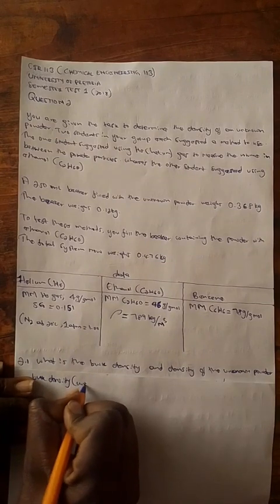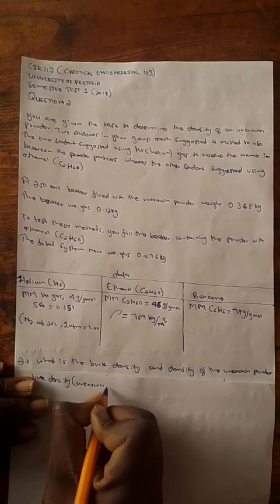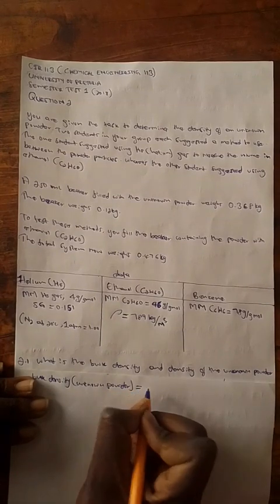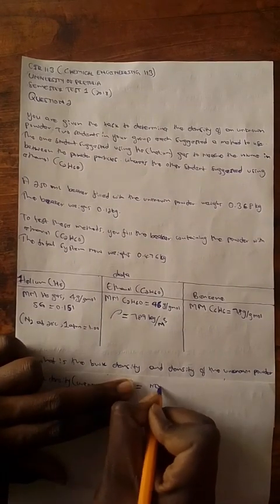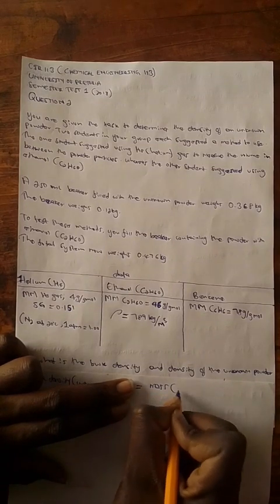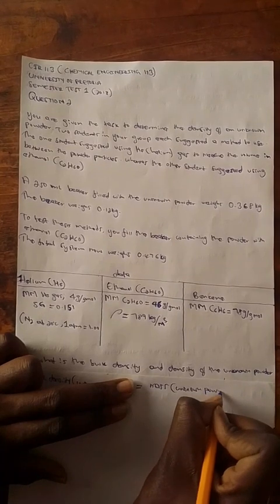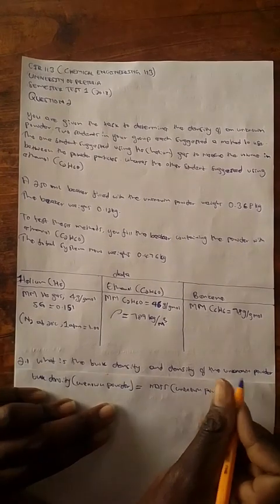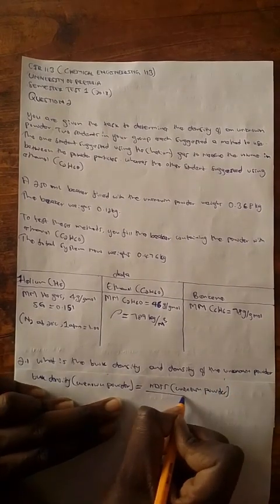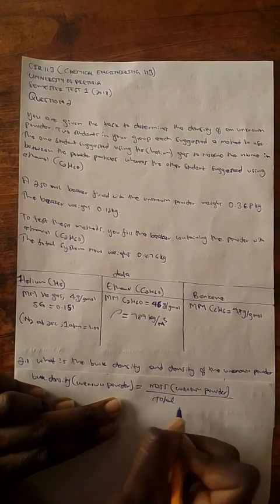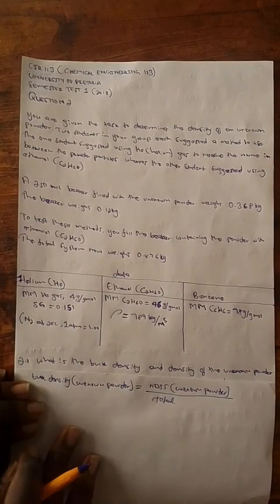Bulk density of the unknown powder is equal to the mass of the unknown powder over the total volume. In this case, it's going to be the beaker.